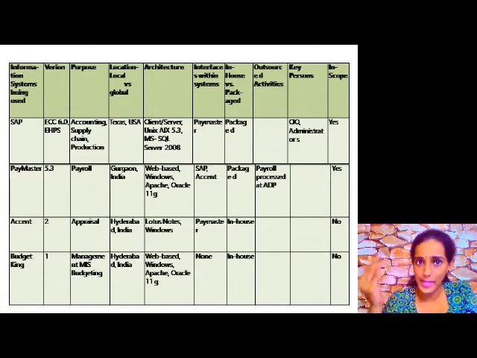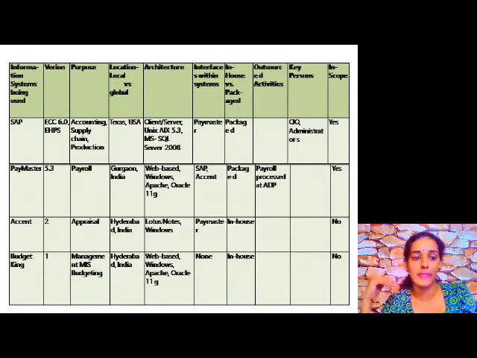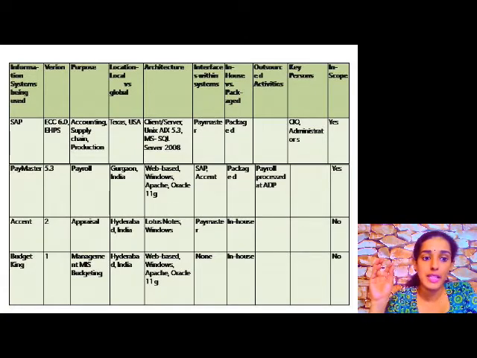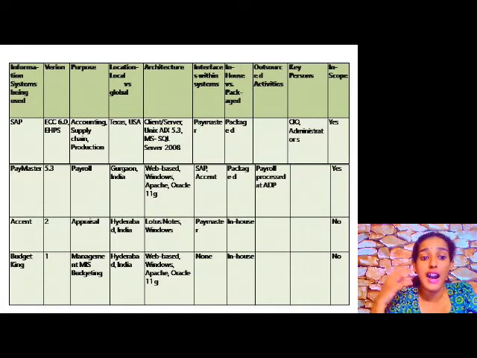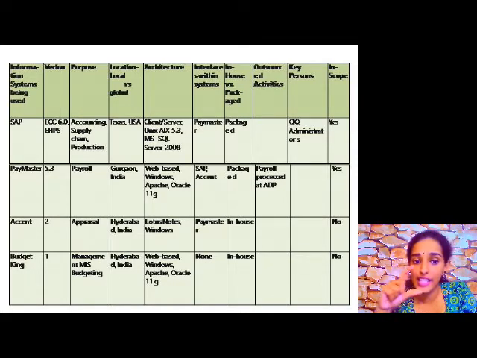Say accounting or supply chain or customer relationship management, HR, payroll processing, production, could be anything. What is the purpose, where is the location, whether in India or, like here, the first one is in Texas, USA, outside India. What is the architecture, client server architecture, SQL, whatever architecture is being followed. Then interfaces: is it providing data to any other system?